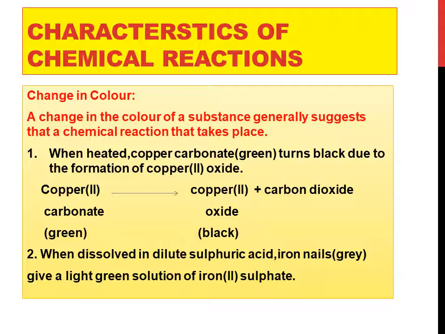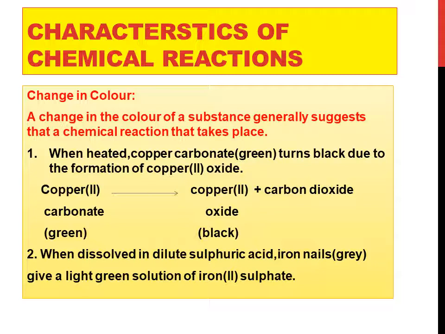For example, when heated, copper carbonate, which was originally green in color, turns black due to the formation of copper oxide and carbon dioxide. So earlier the color of the reactant was green; after it has changed into a new substance, the product, it turns black.